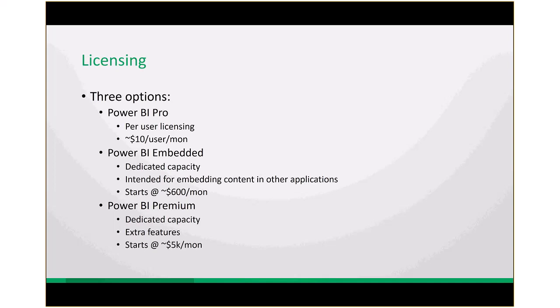But if you've got hundreds of users that you want to push Power BI content to within your organization, then this becomes much more manageable and appealing from a price perspective. And then I just generically put extra features. We already talked about a couple of the key ones, right? When Reporting Services makes its debut in Power BI later this fall, that's going to be a Power BI Premium capacity feature.